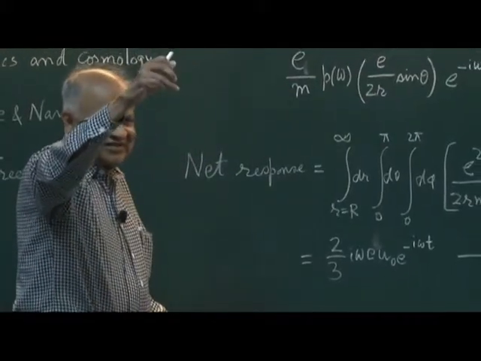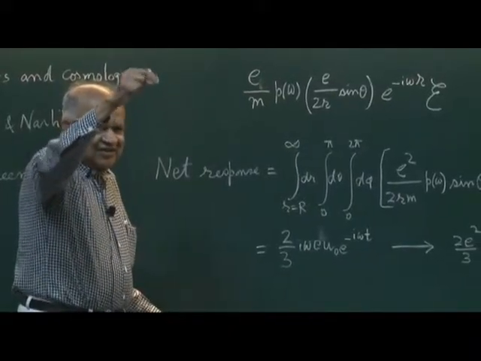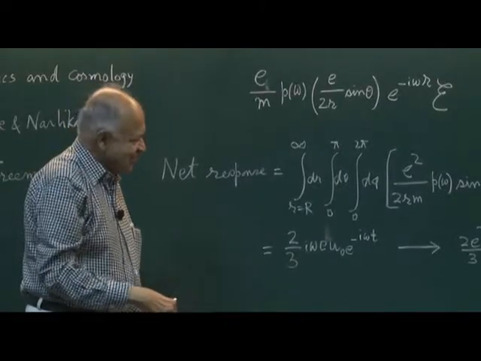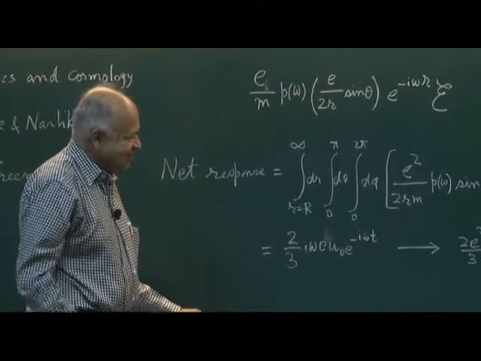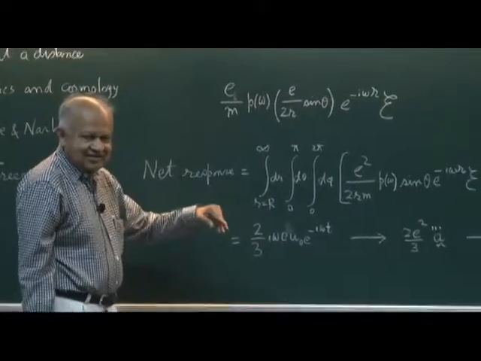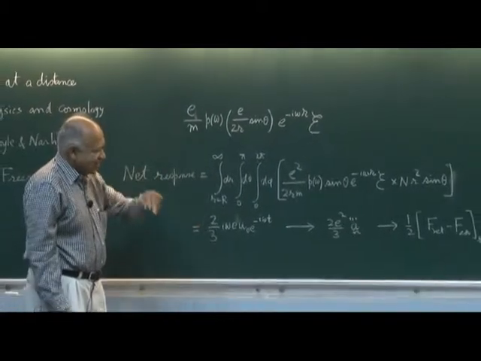At large distance, any typical charge is responding, and because it is responding, its field is coming back to the original charge, and we have asked what is the contribution of that particle, and then you sum it over all directions.